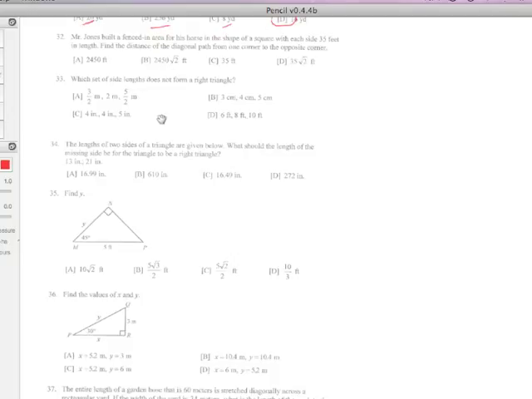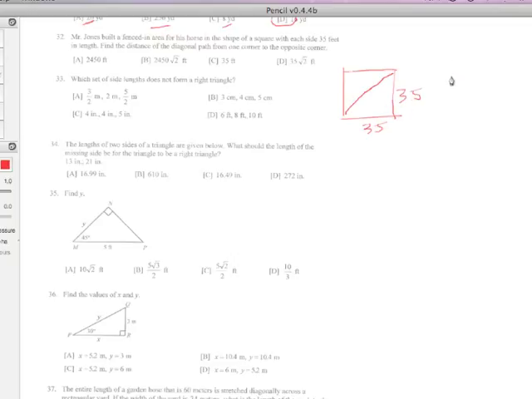Mr. Jones built a fenced-in area for his horse. It's a square, each side was 35 feet. Find the distance of a diagonal path. So for this one, if we have a square, we want to know the diagonal, and we have 35 and 35.